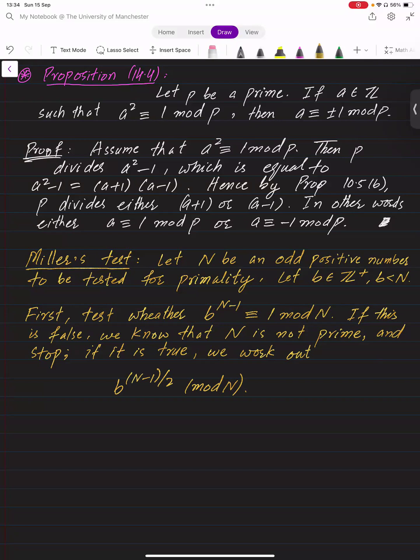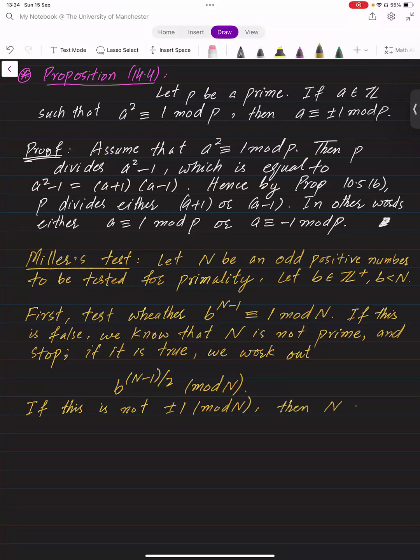If this is not plus or minus 1 mod n, then n is not prime by proposition 14.4.